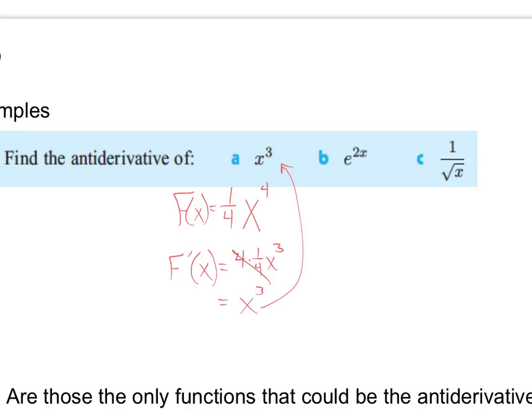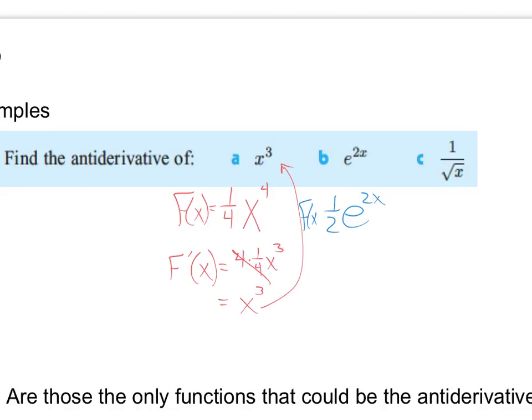I think I might know the next one. Okay, what's the next one? Is it e to the x squared? Not quite. Is it e to the 2x? You can put it over. 1/2 e to the 2x. Okay, let's try that.